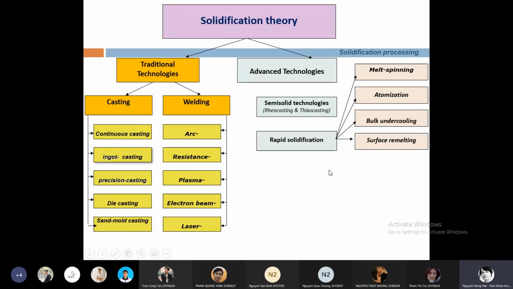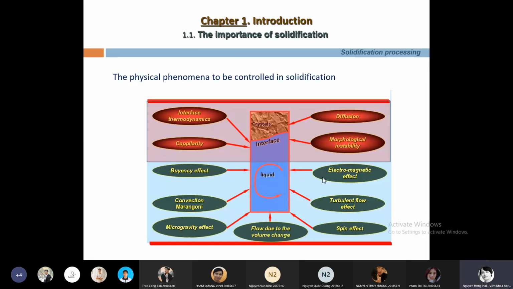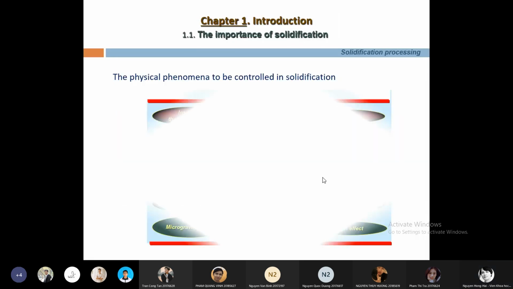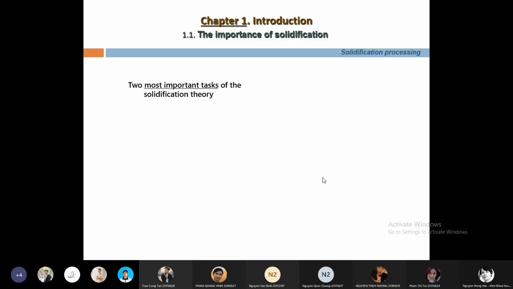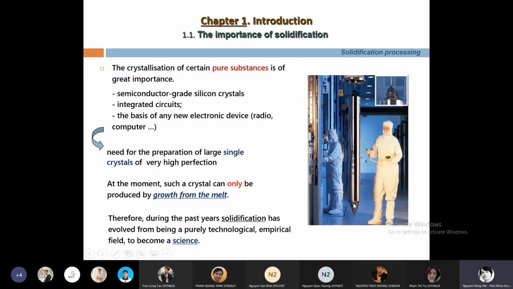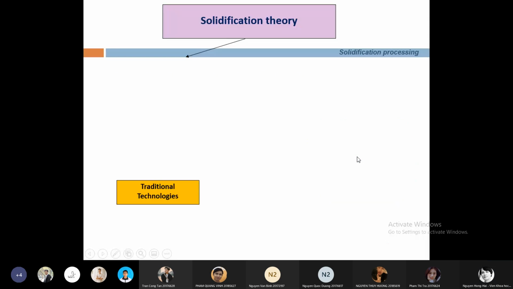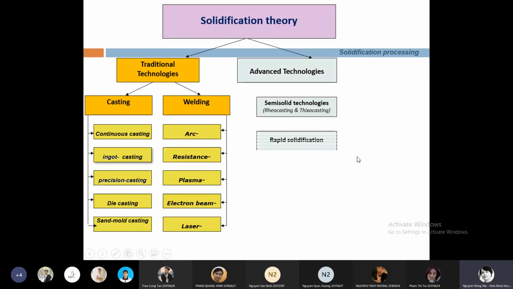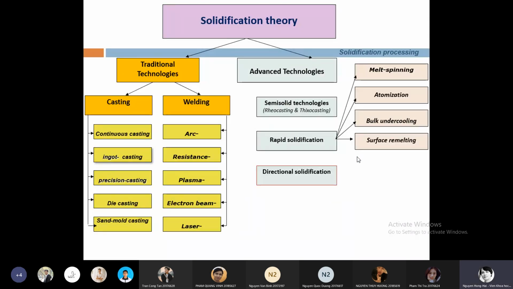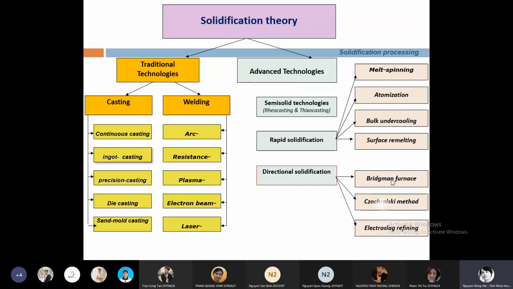We can also have directional solidification. It is for making the single crystal. This one is the application of the directional solidification. Okay. So we have rapid solidification. We have directional solidification, such as the Bridgman furnace and the Czochralski method.